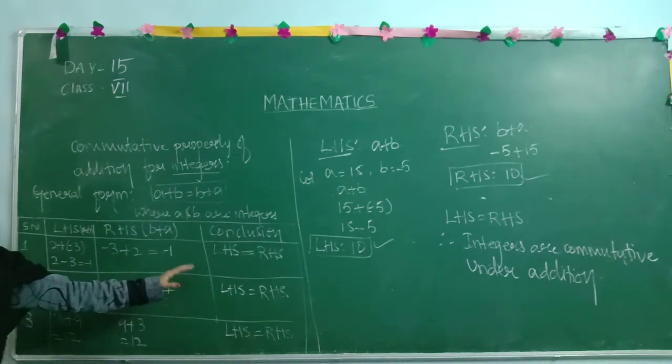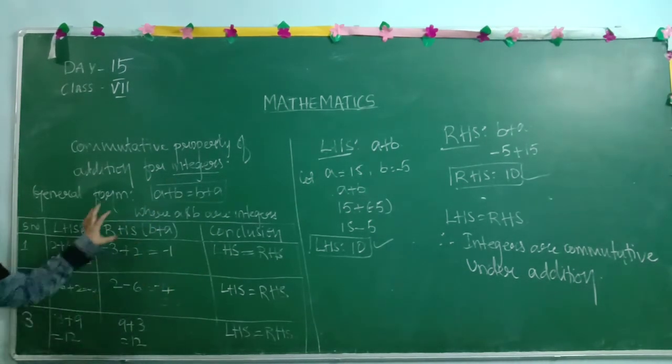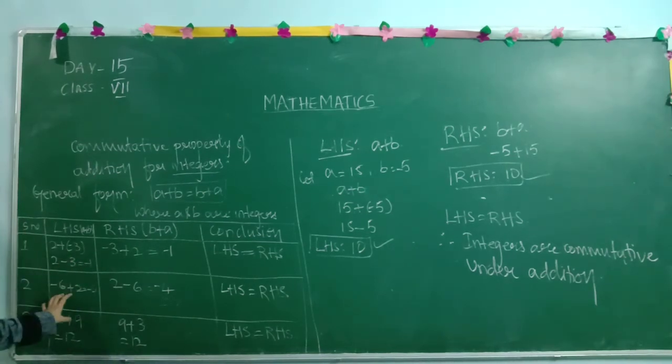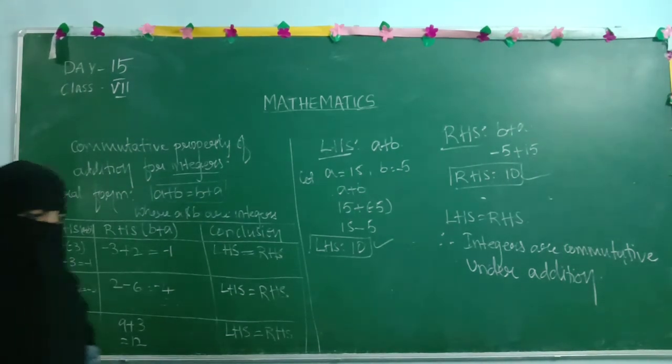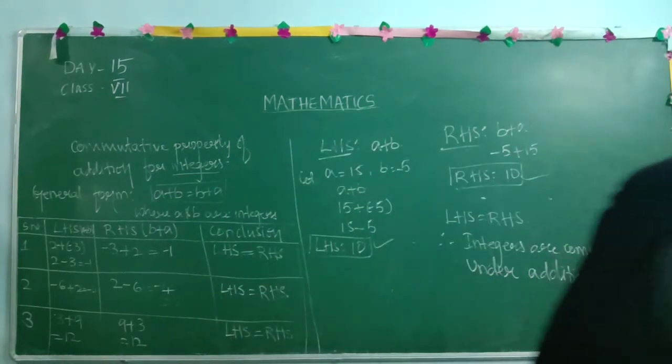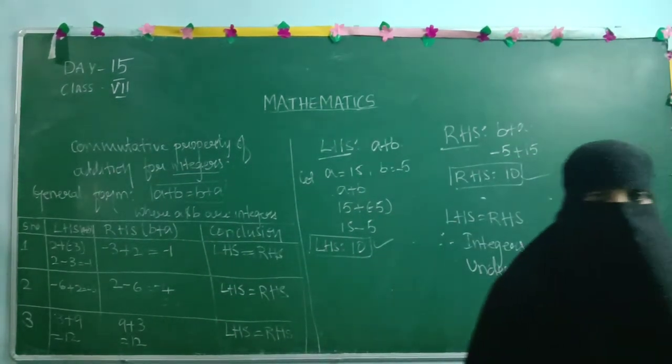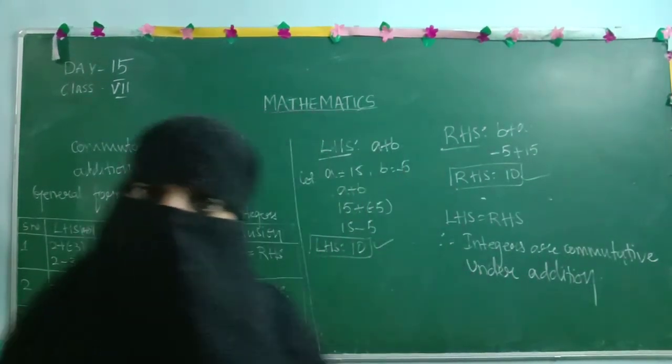There is no condition we found for these numbers where they are unequal. They are all equal only. So based on that we said LHS and RHS are equal. Hence integers are commutative under addition. You can verify whether integers are commutative or not under addition by taking your own integers.